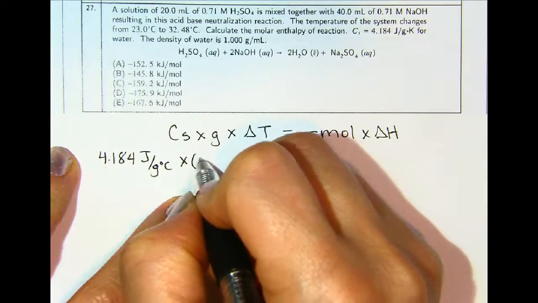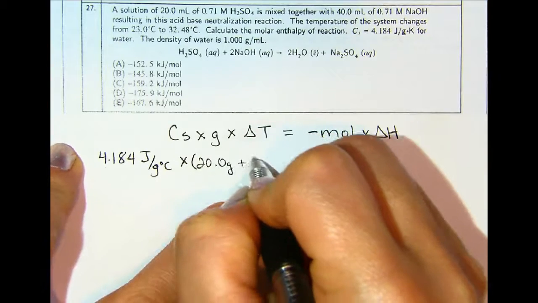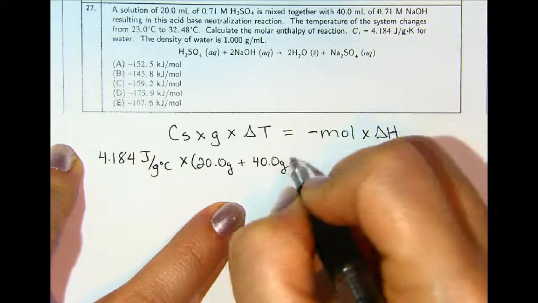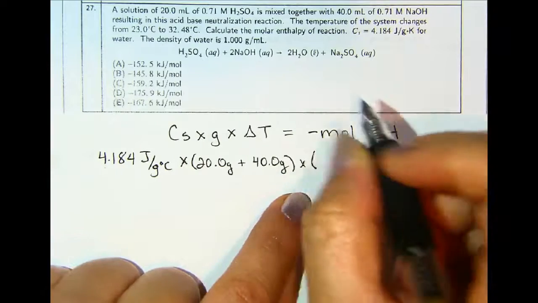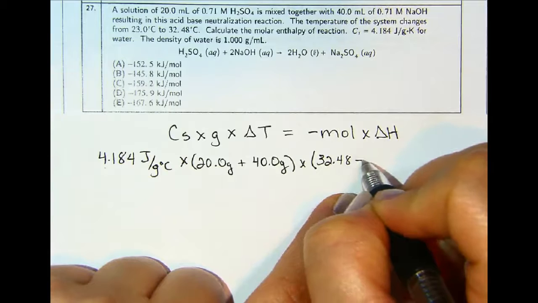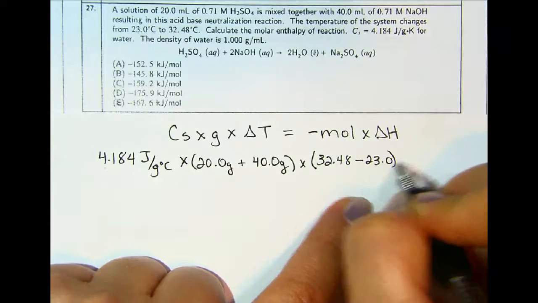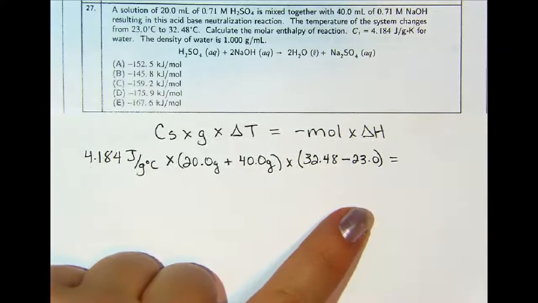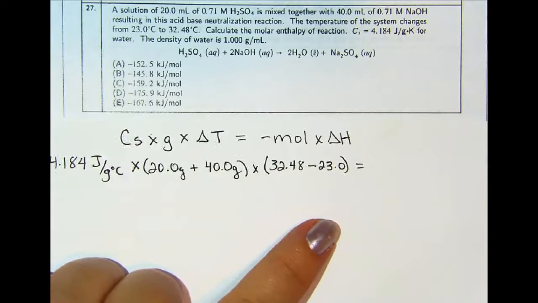So we can say 20.0 grams plus 40.0 grams times the change in temperature is going to be 32.48 minus 23.0. This is all going to be equal to the negative moles.